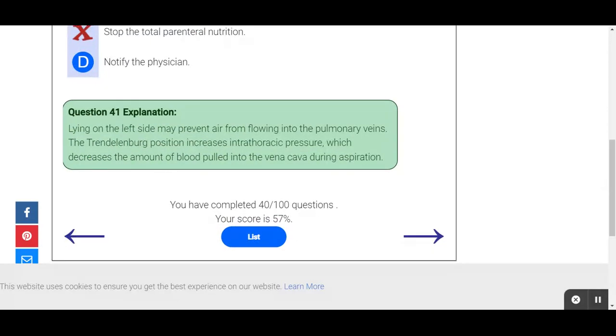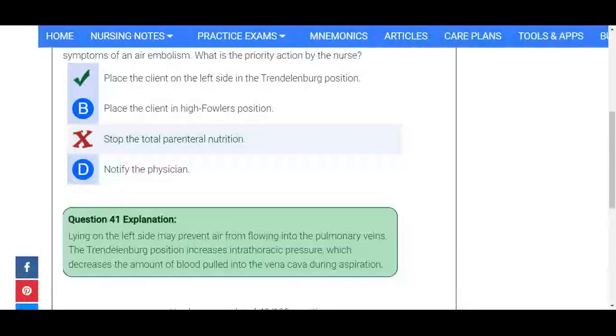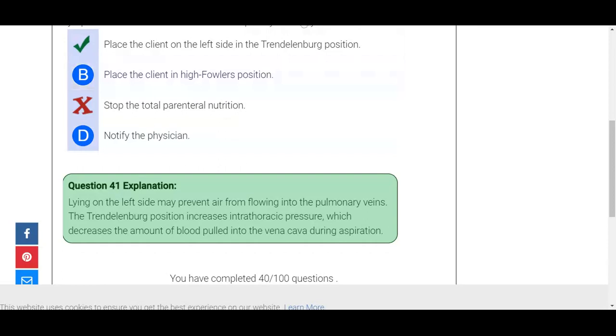Lying on the left side may prevent air from flowing into the pulmonary veins. The Trendelenburg position increases intrathoracic pressure, which decreases the amount of blood pulled into the vena cava during aspiration. So Trendelenburg position is actually left side in the Trendelenburg position.